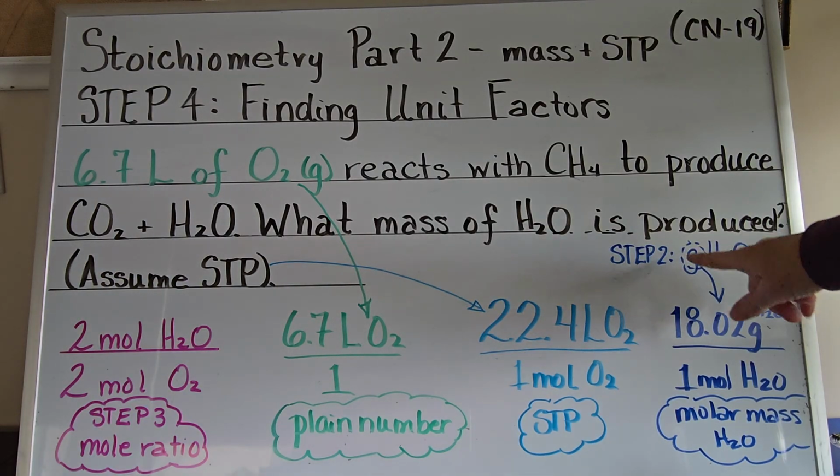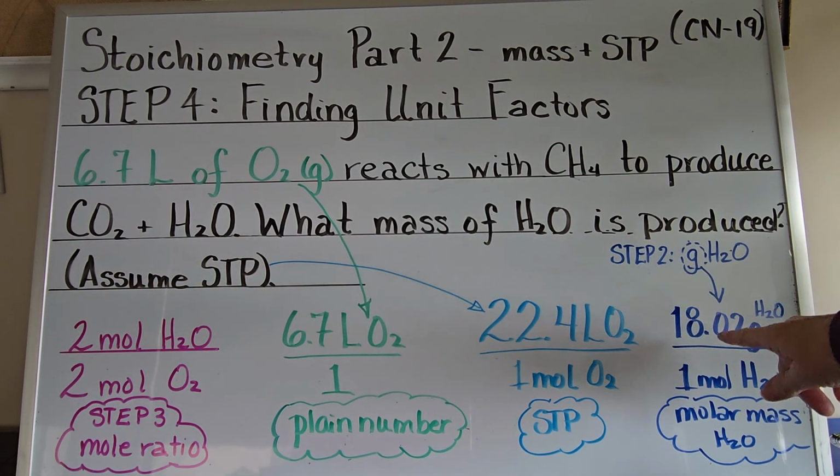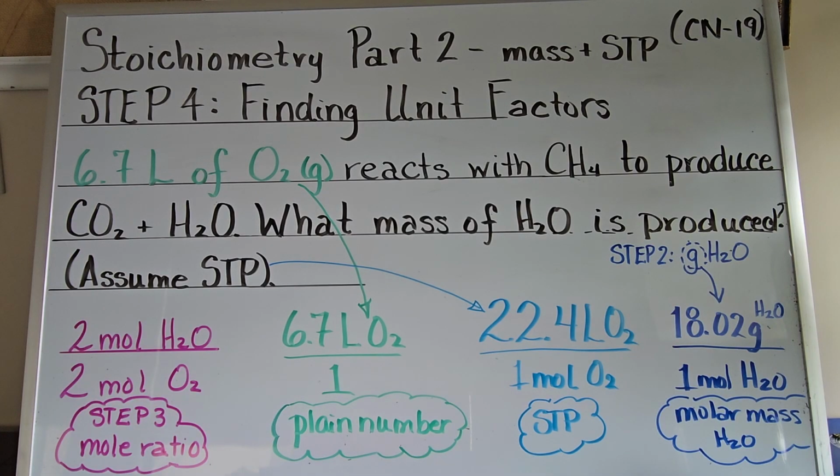It had a unit and then it had that label. Our unit, grams, is a key word, again if we go back to class notes 13, for molar mass. Molar mass of what? Molar mass of water, which we calculate as 18.02 grams of H2O per 1 mole of H2O, the molar mass of H2O.